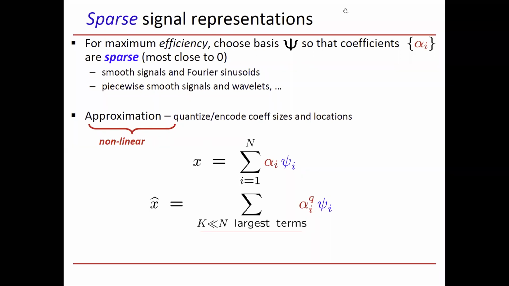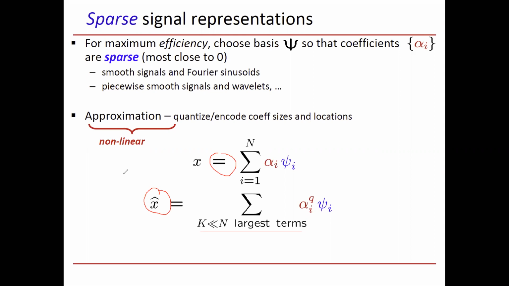So earlier, we were saying that x was equal to a linear combination of alpha i, psi i. And now we're saying that x hat, our approximation to x, is equal to a summation of the k largest terms, and each of the alpha i's is now quantized to alpha i q, q for quantization.